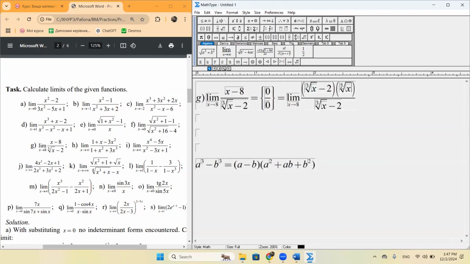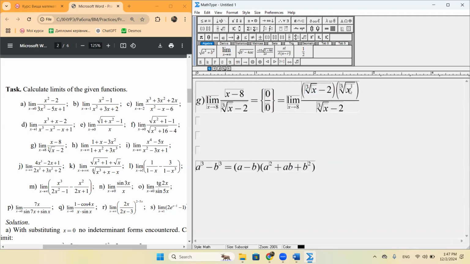So here x in power of 2 by 3 plus 2 cube root of x plus 4.